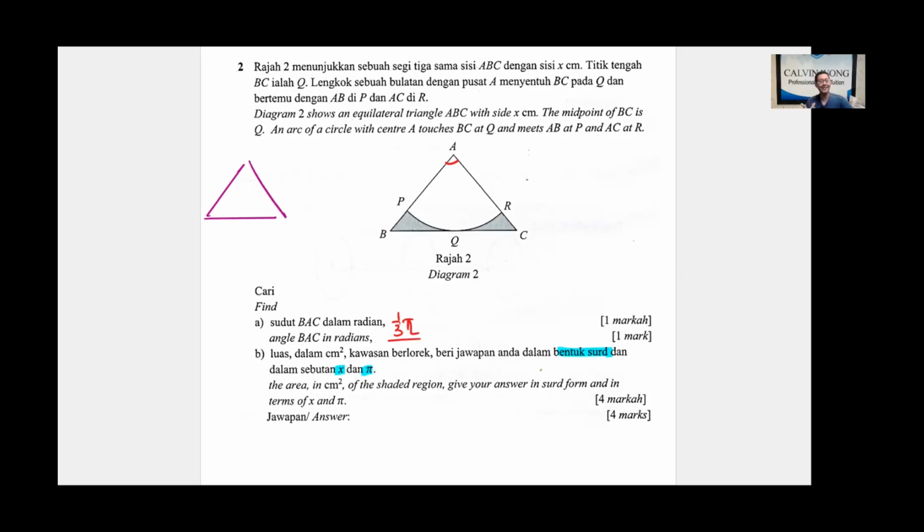The trend this year, they are testing your concept. Your concept must be strong. So those who always press the calculator to get values, be careful a little bit. So the calculation, you can try this.